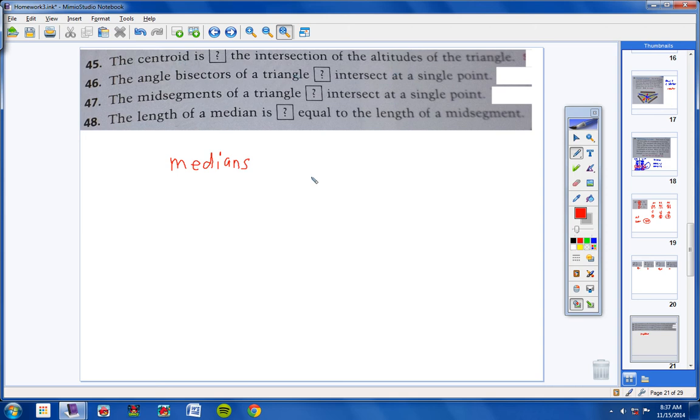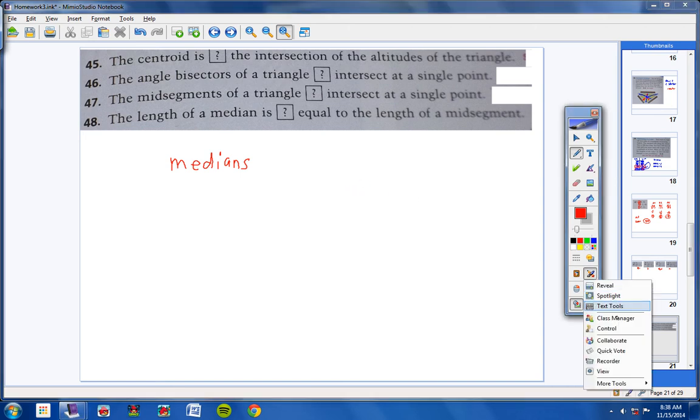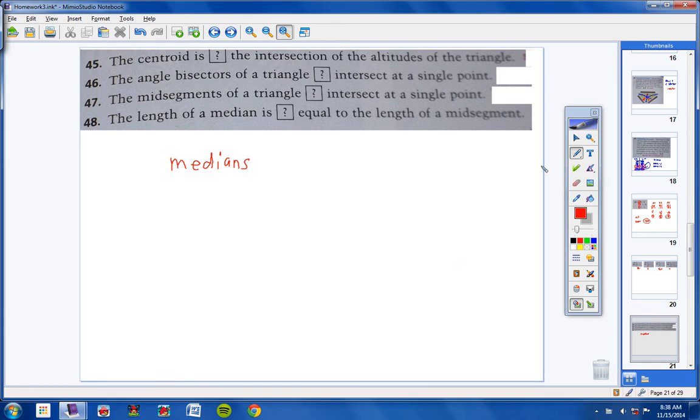Well, guys, if we had altitudes that were also medians, okay, like this, how would that be? Let me think that through for a second. Okay, if we had an equilateral triangle, and I do the altitudes, well, guess what?